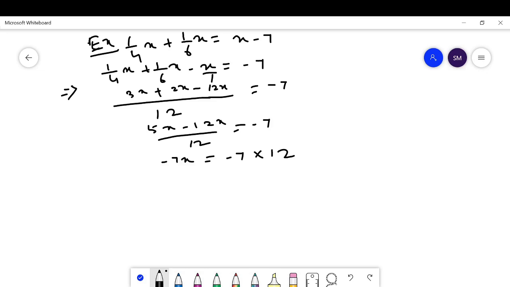Here the 12 is at the denominator. When you bring it to the right side, it comes to the numerator. Then x equal to minus 7 into 12 upon minus 7, because here minus 7 is multiplied with it. When you bring it to the right side, it becomes division. Then minus 7 cancels, 12. Then we get the answer x equal to 12.